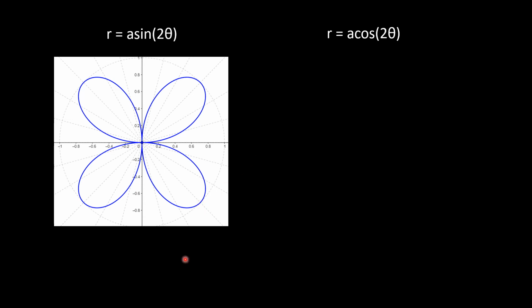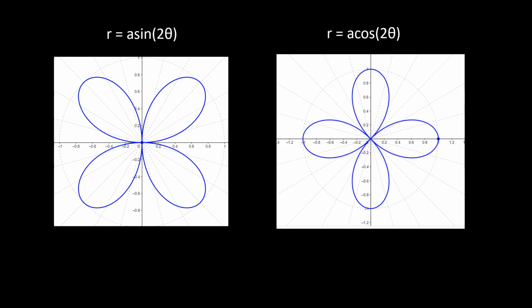Next, for r equal to a cosine 2 theta, we have an identical graph, no? But the maximum occurs at theta equal to 0, 90, 180, and 270.